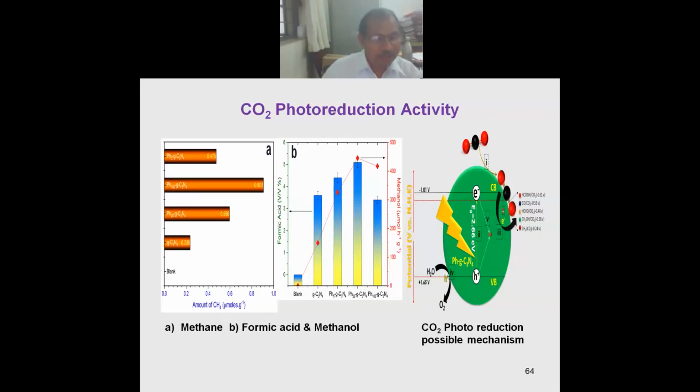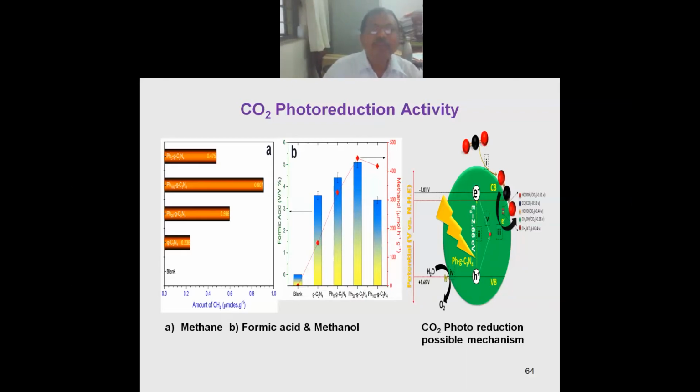This phenyl grafted g-C3N4 has a redox potential of 1.01 electron volt, suitable for the reduction of CO2.